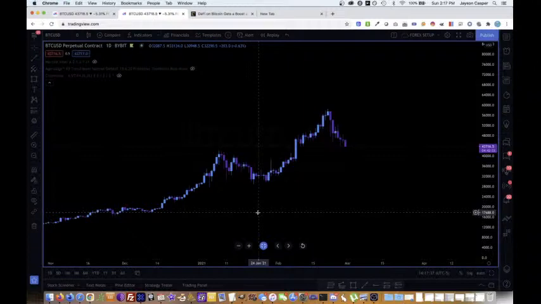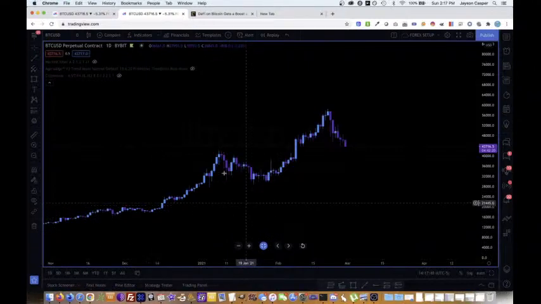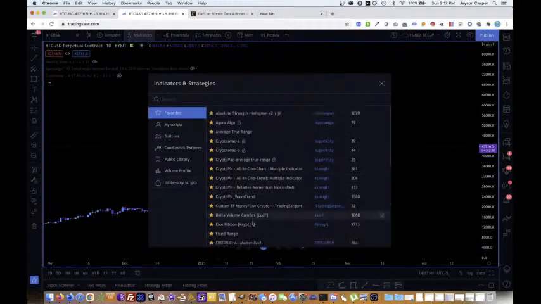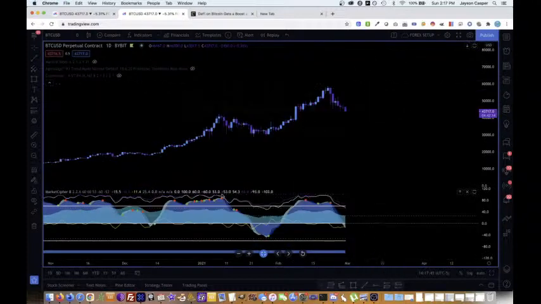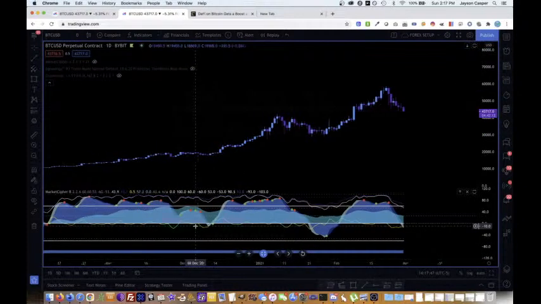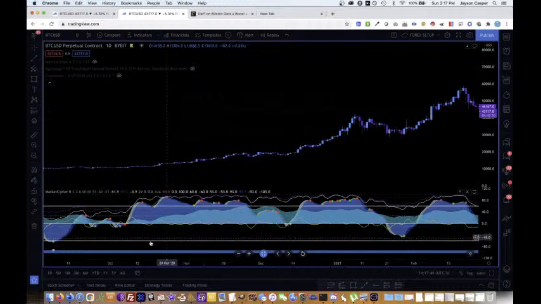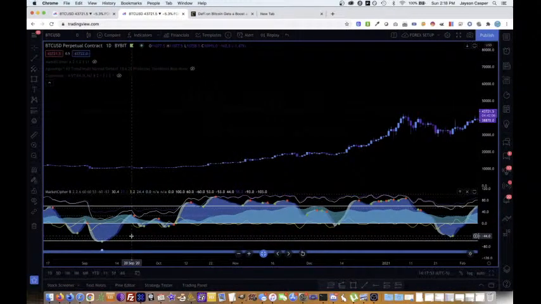And this is how you guys can find your own strategy. Look at Market Cipher B if you're using it, and look for different combinations of things that happen. For example, there's so many things happening on Market Cipher B. You can look at the RSIs, you can look at the trigger waves and how far or close they are to the zero line.